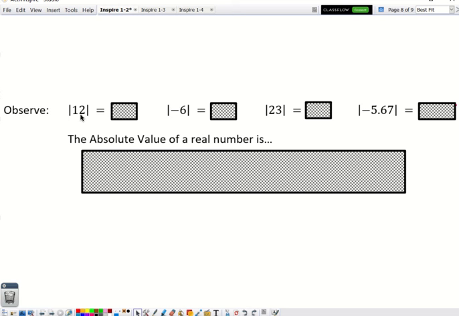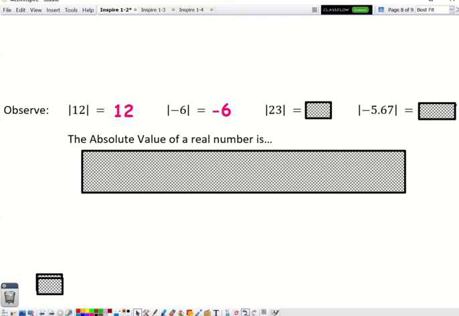And hopefully you remember that this right here basically means the absolute value of 12. Which is what? What's the absolute value of 12? Well, it's 12. What's the absolute value of -6? What? That's not right.